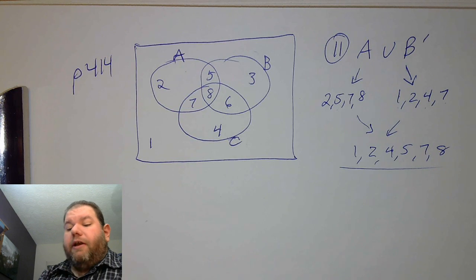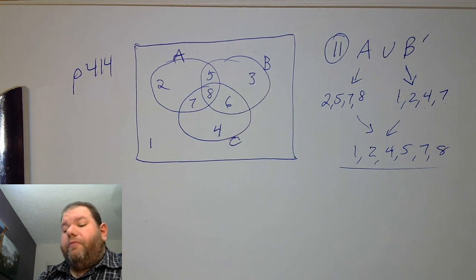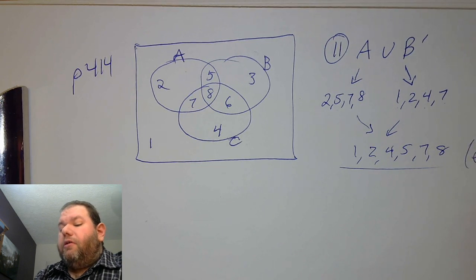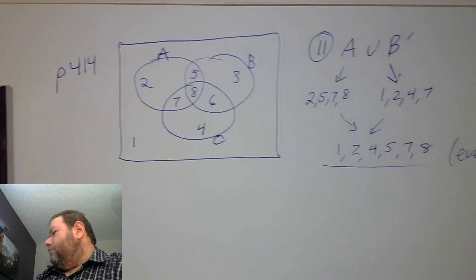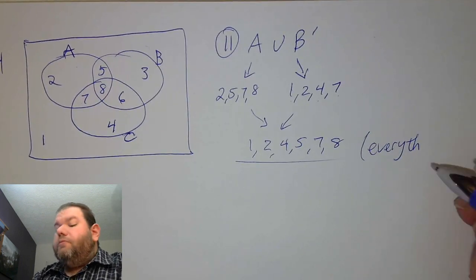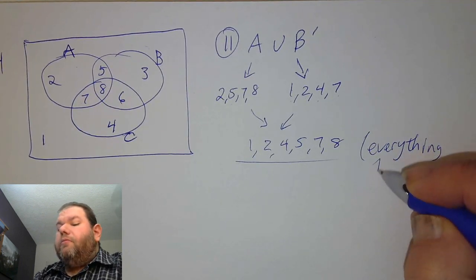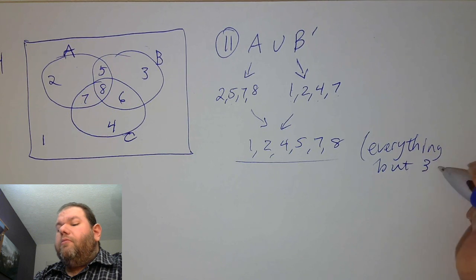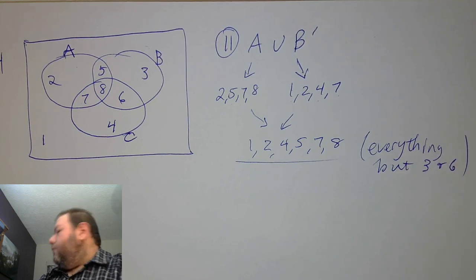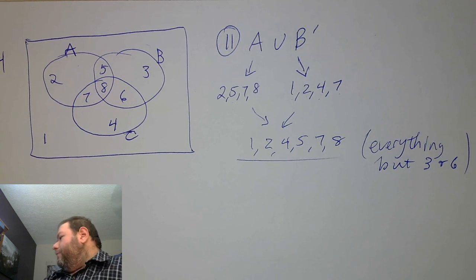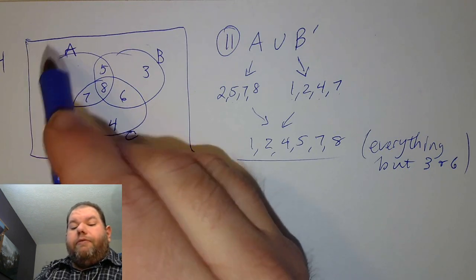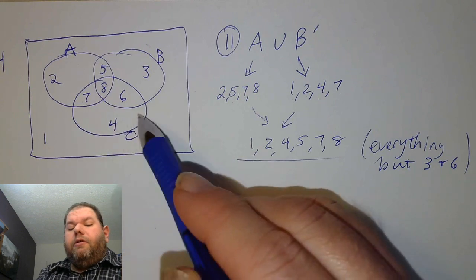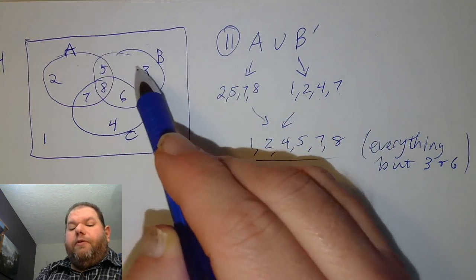So what we're leaving out is 3 and 6, essentially. Okay. So we would shade in everything here except for 3 and 6.